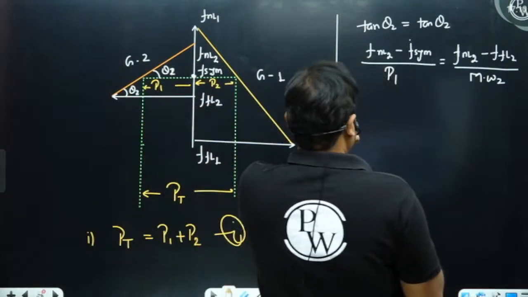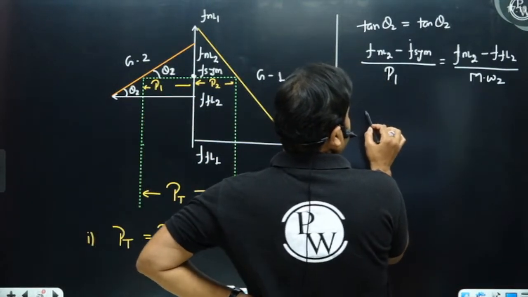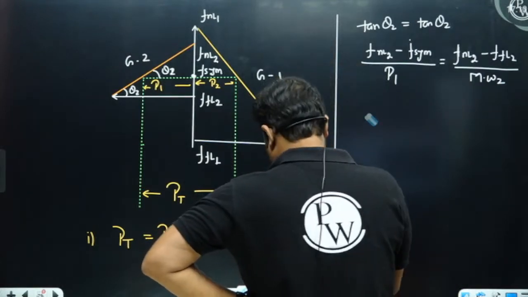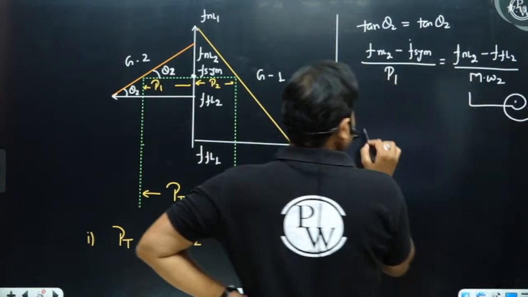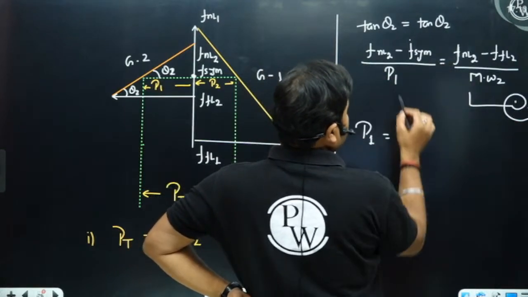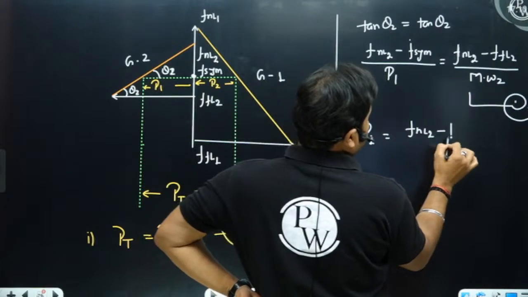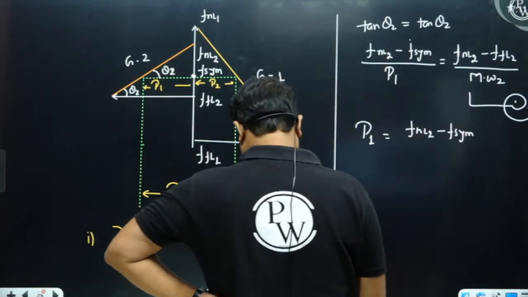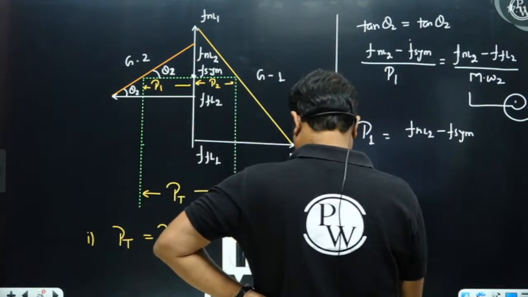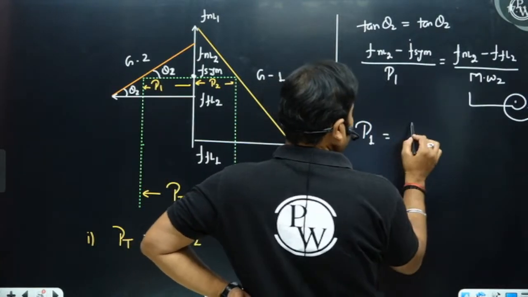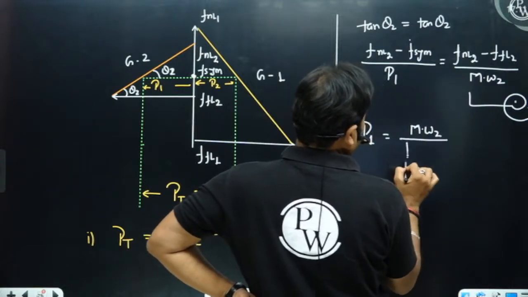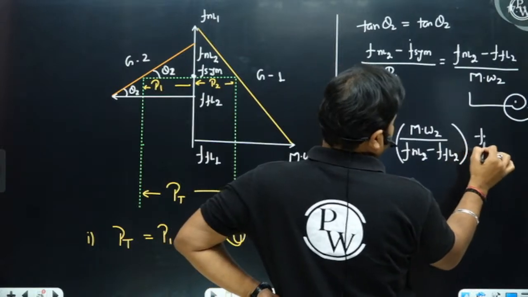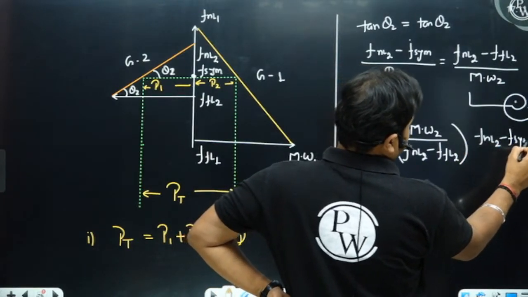Is it okay? Yes, sir. From here you may write P2, let it be equation number 1, as FNL2 minus F of the system, megawatt 2 upon FNL2 minus FFL2 into FNL2 minus F of the system.